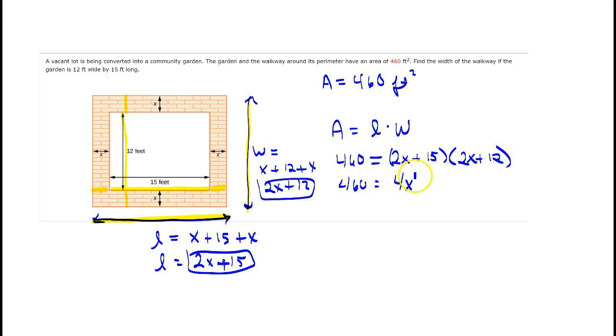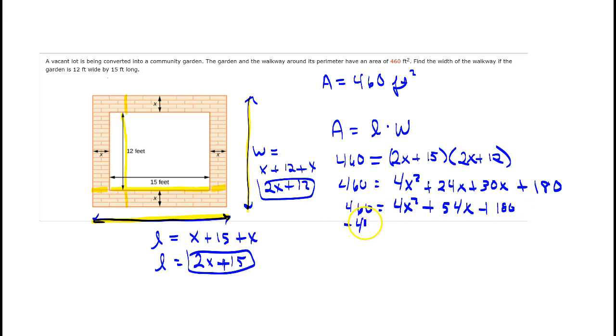So that's going to be 4x squared plus 24x plus 30x plus 15 times 12. 15 times 12 is 180. 4x squared plus 24x plus 30x is 54x plus 180.